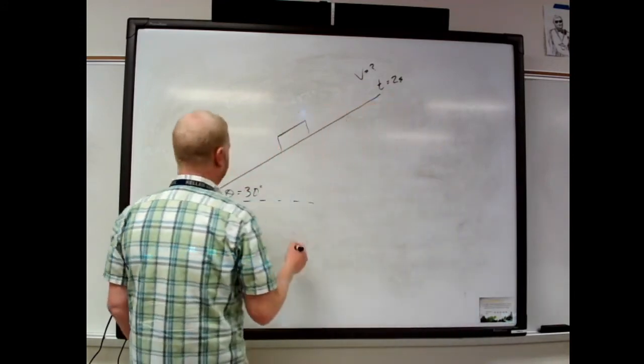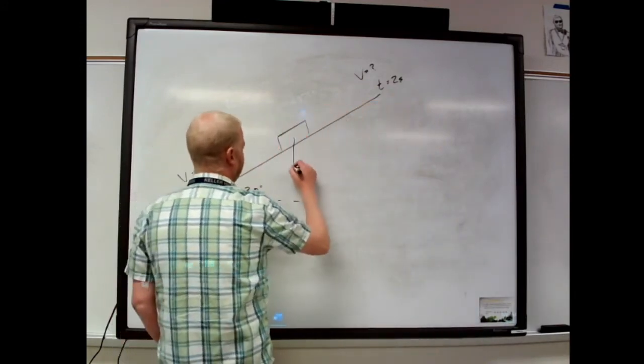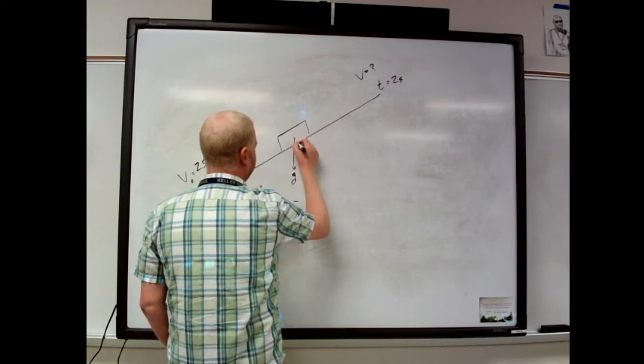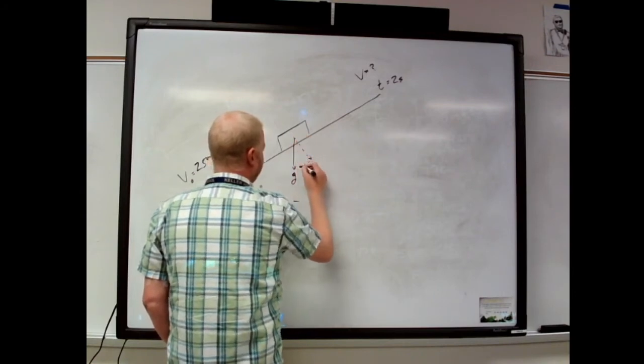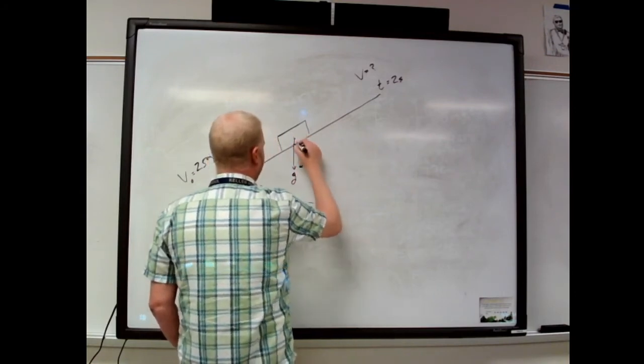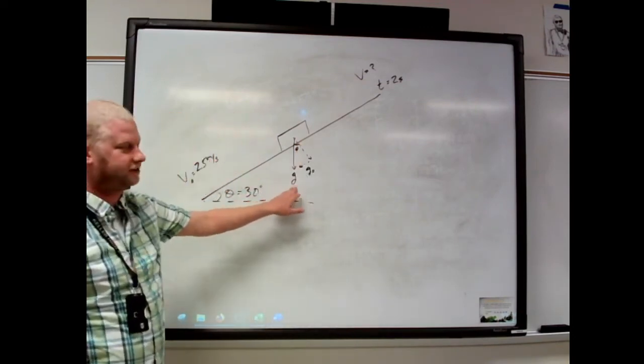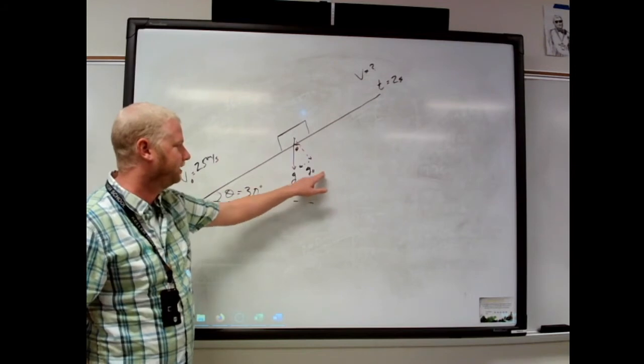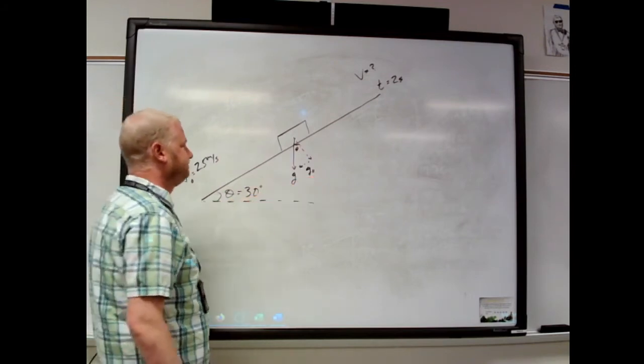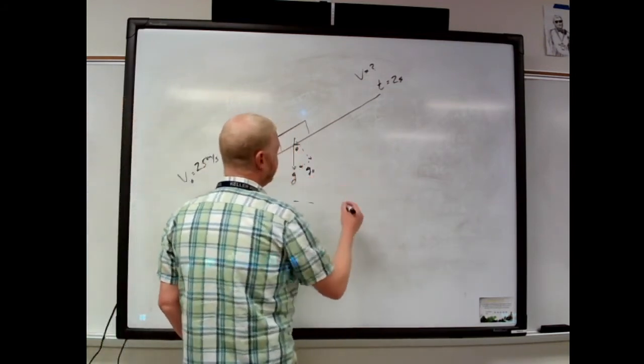So we can always start by finding our component of the gravitational acceleration that exists within the plane of the ramp. So again, we would use the sine function.